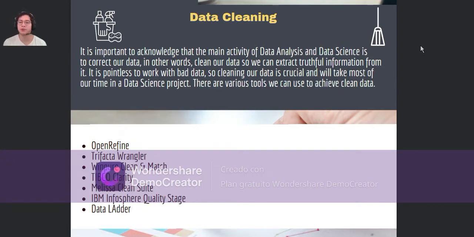You must ensure that your data is correct in order to extract truthful information from it. And here I have some of the best tools that will help you to clean your data and to ease this phase of the data science project.